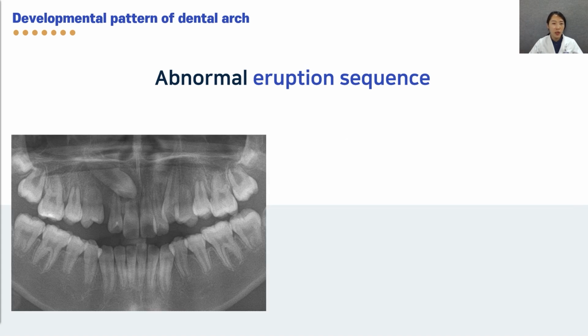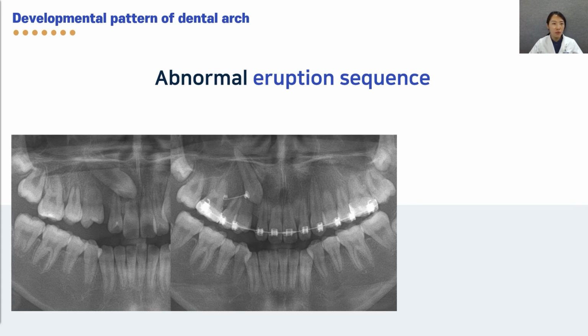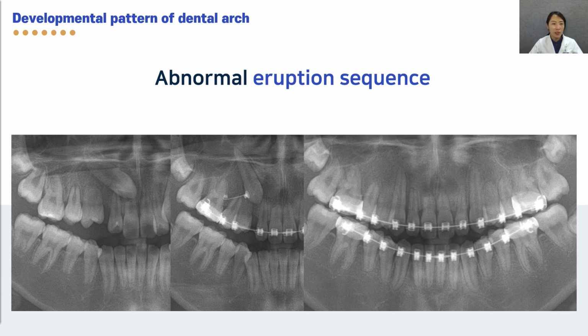After the canine moved distally, braces were bonded to the whole dentition and orthodontic alignment is in progress. The right central incisor showed considerable root resorption, but in the final panoramic radiograph, we could anticipate good prognosis of the tooth.